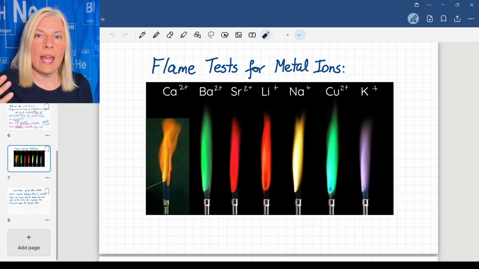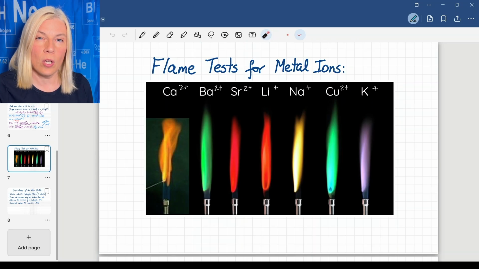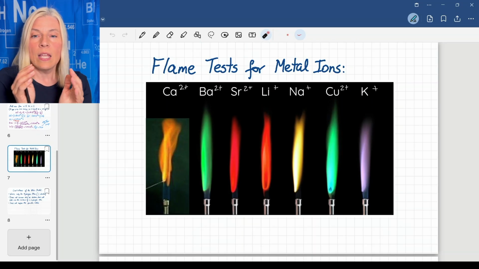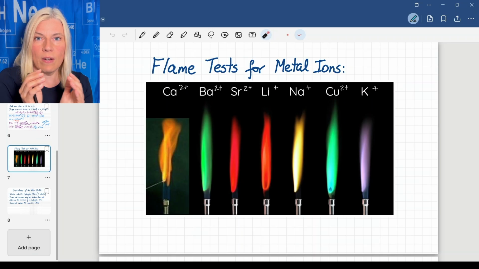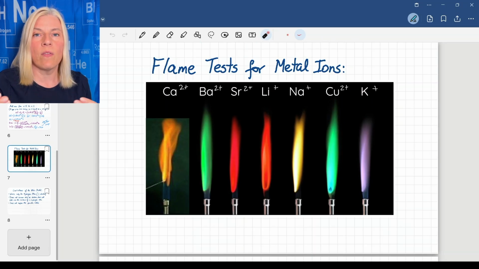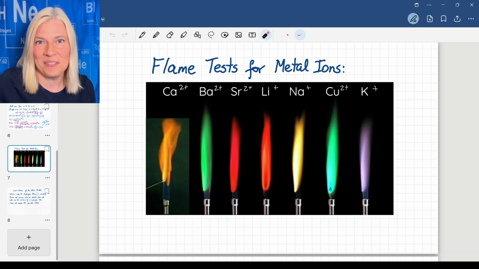Remember, each element, each atom will have a specific number of protons in the nucleus, and that means it will have its electrons arranged in a specific way. And electrons repel one another, so they will be a little bit pushed away. They are attracted to more protons. So each element will have a very specific orbit arrangement, shifted a tiny bit. And this is why each element will give off specific different colors, which is really interesting.